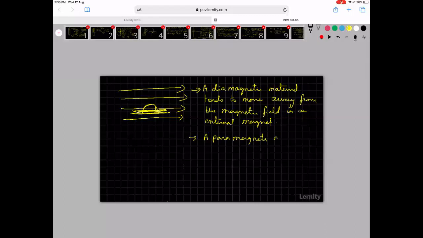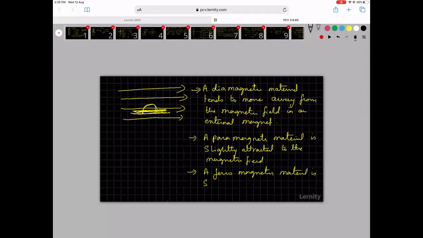A paramagnetic material is slightly attracted to the magnetic field. A ferromagnetic material is strongly attracted.